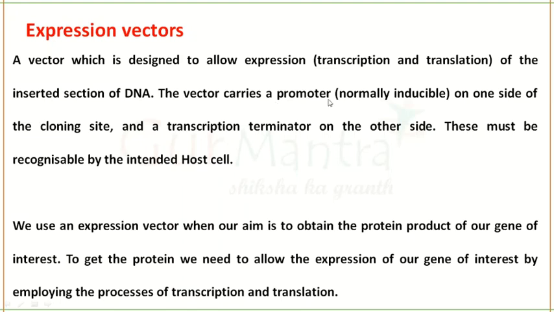The vector carries a promoter, which is normally inducible, which means it requires a stimulus for transcription to occur, on one side of the cloning site, and a transcription terminator. Terminator means the transcription ends. These must be recognizable by the intended host cell. So this vector should be recognizable by the host cell.